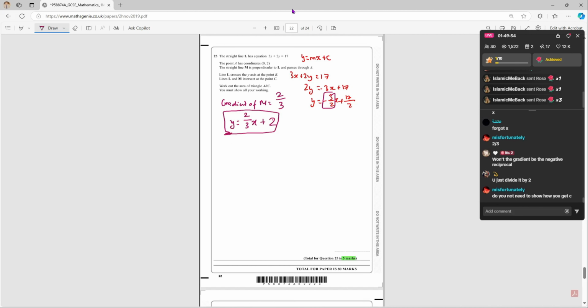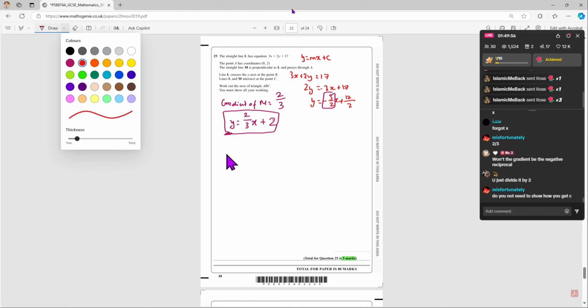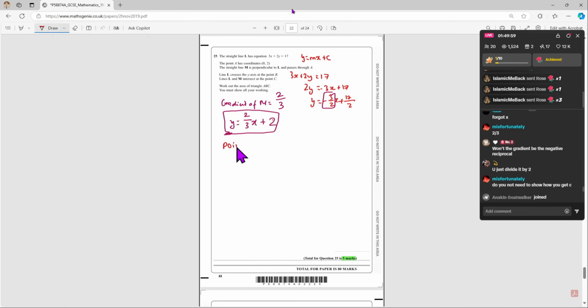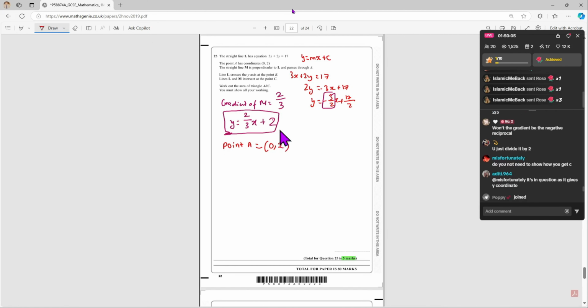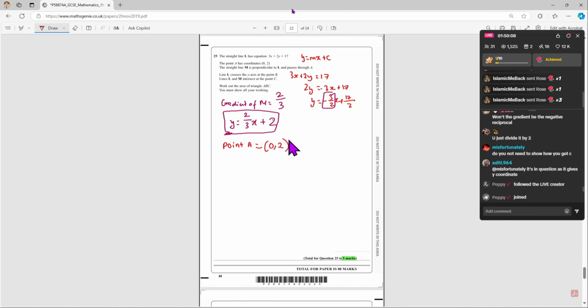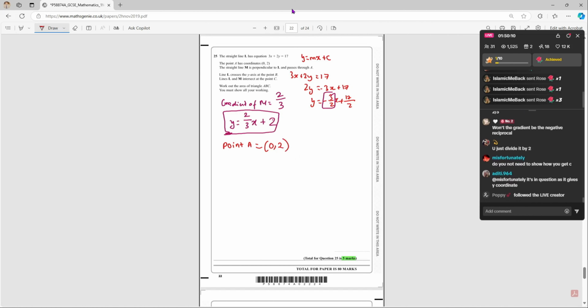So we know that point A is equal to (0, 2). It's given in the question. And then we need to work out point B. What is going to be point B?